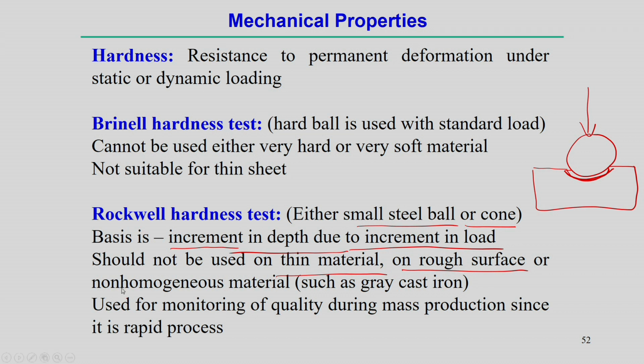In these cases the depth of indentation with the change in load may be very small, but we detect that depth with this changing of the load. Therefore, this is a very quick method, and it is widely used for monitoring the quality during mass production. This process is more suitable to measure the hardness because it is a very rapid process.